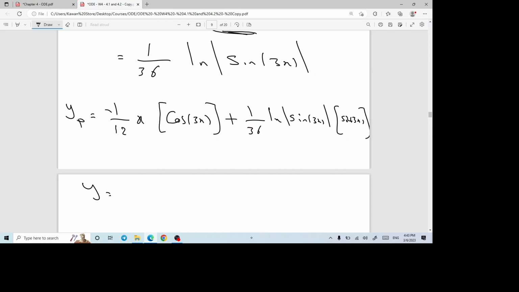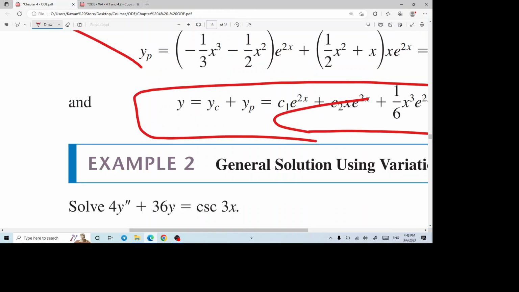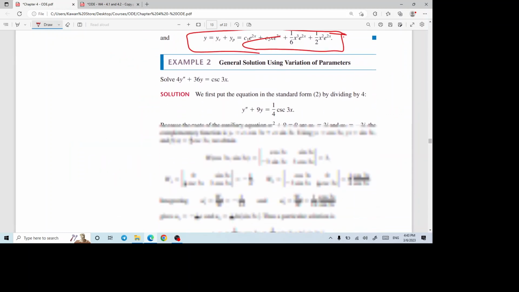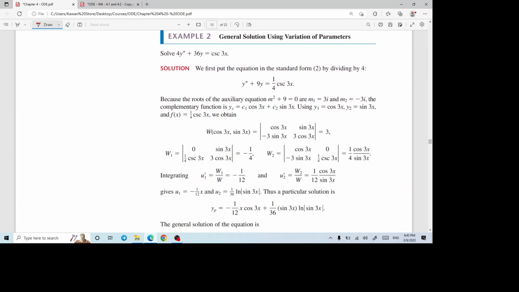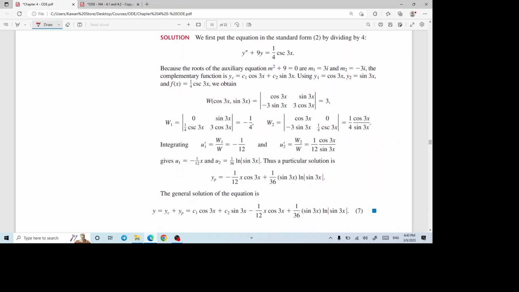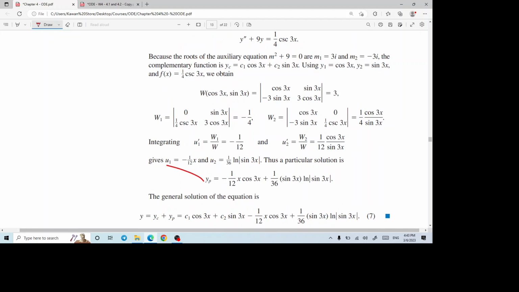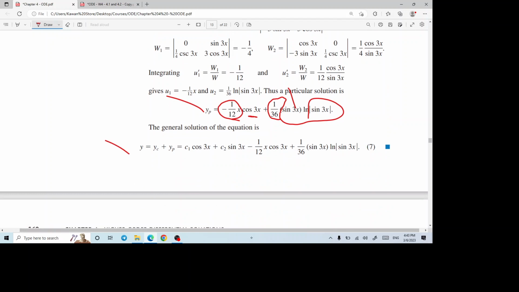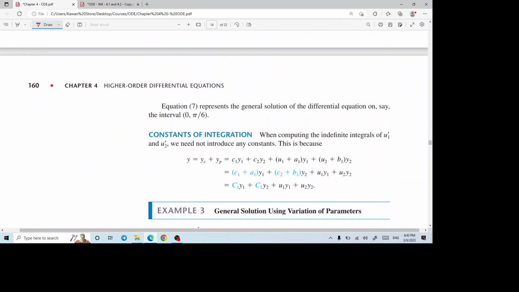How about y? Just add them: the auxiliary and the particular. You can see from here that everything is clear, and you got that result. Okay, dear? Do you have any question? That's our solution, and of course, y. Any question?